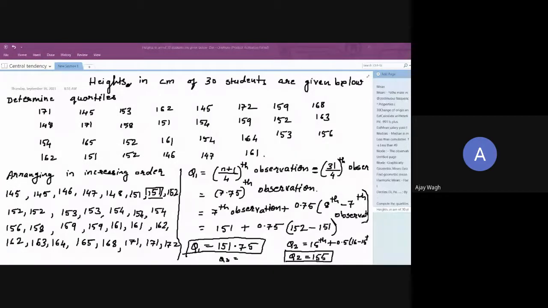So it is 162.25, the third quartile. The last question is going to be homework for you. I'll of course give you the formula. I mean, it is already given.